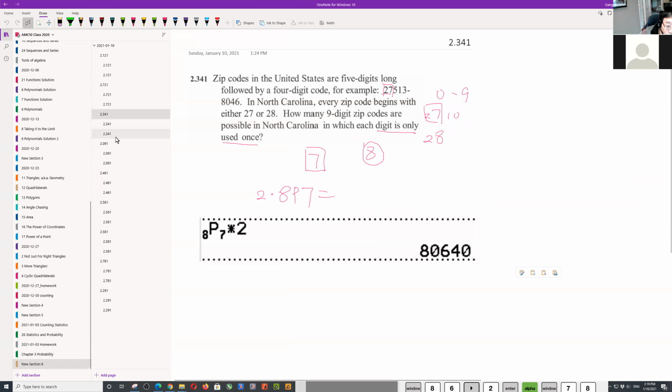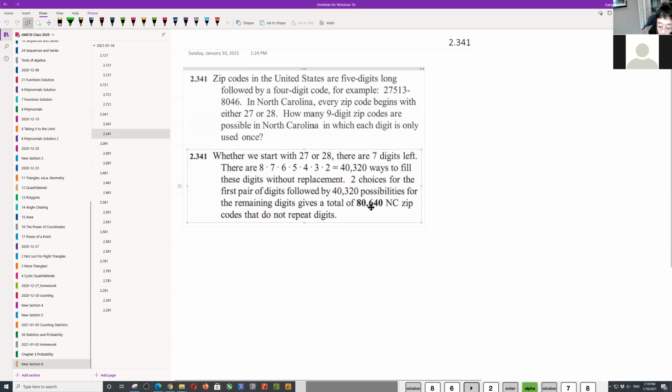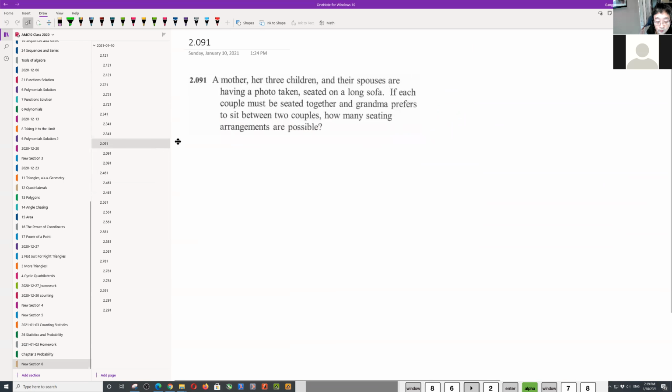So this is the answer, 80640. So let's try to do this one. A mother, her 3 children, and their spouses are having a photo taken seated on a long sofa.